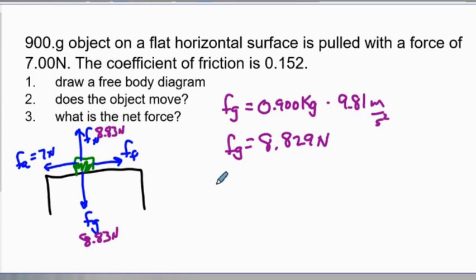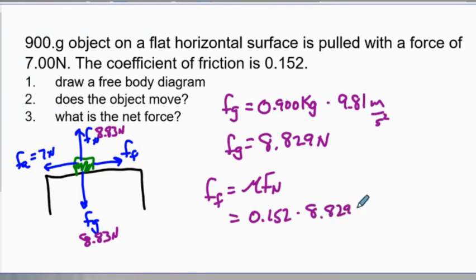Now find my force of friction. Force of friction is mu times Fn. So that was 0.152 multiplied by my Fn, which was 8.829 newtons. And now I'm going to have a frictional force equal to 1.34 newtons.